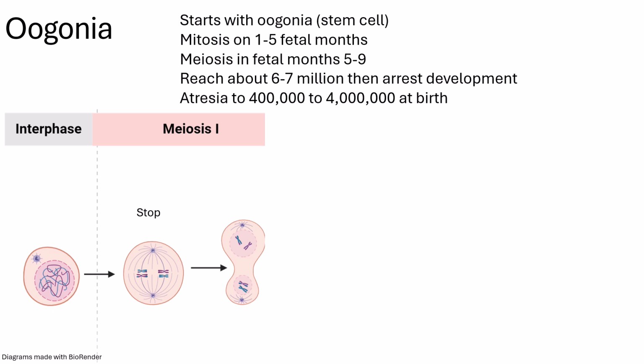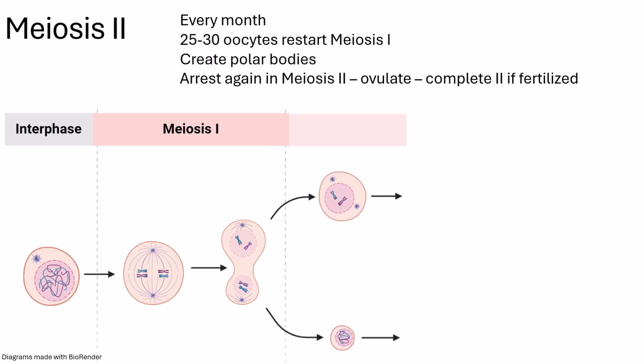At birth, only about 400,000 to 4 million oocytes remain in both ovaries combined. Oogonia are not present, meaning that this supply of eggs is the finite number for life. At puberty, about 40,000 ova remain, and the meiosis process is now strictly regulated by estrogen and progesterone.